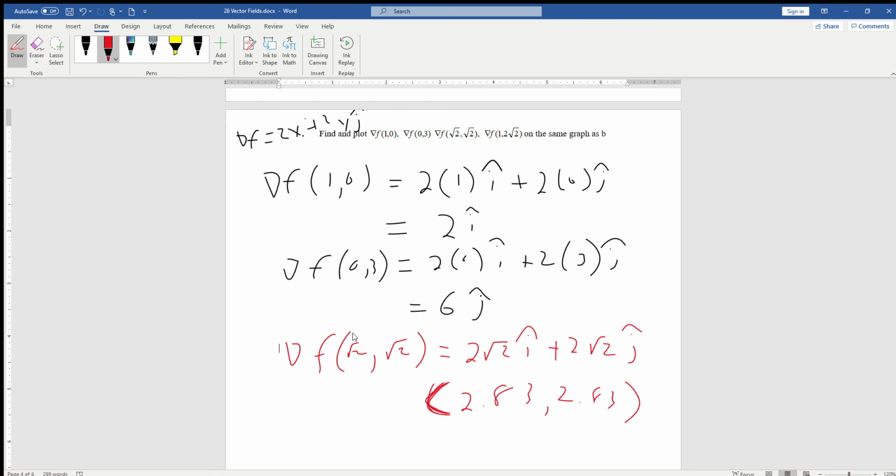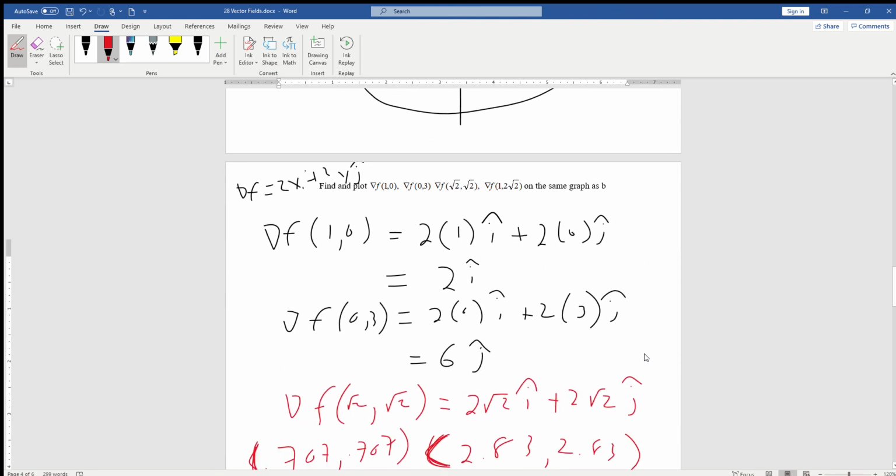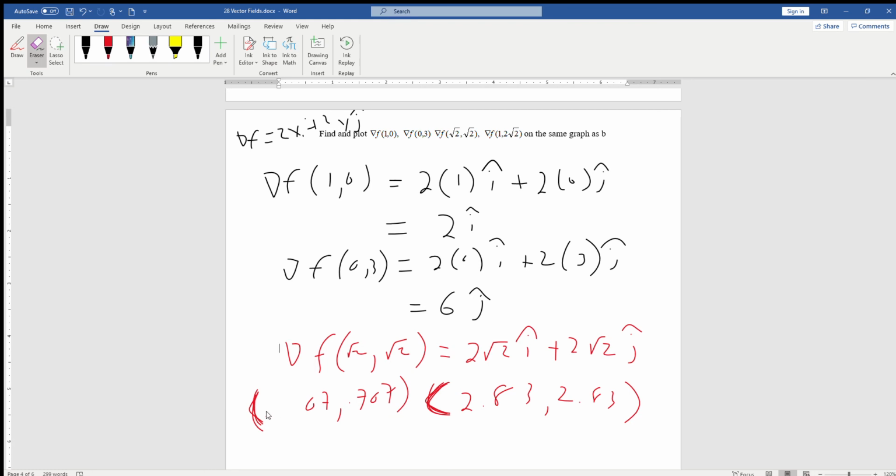Now the point root 2, root 2 is the point 0.707, 0.707? Oh, I'm sorry, that's root 2 over 2, so that's not right, sorry. So square root of 2, I think, is 1.41. Yep, 1.41, 1.41. That's going to be the point (1.41, 1.41).